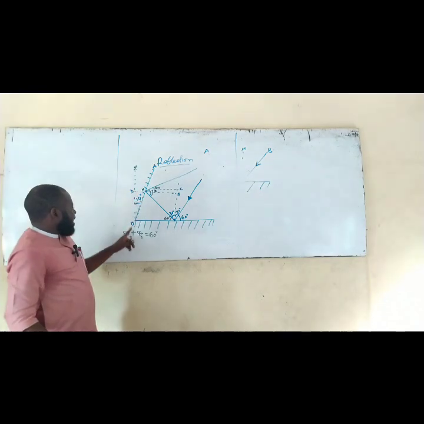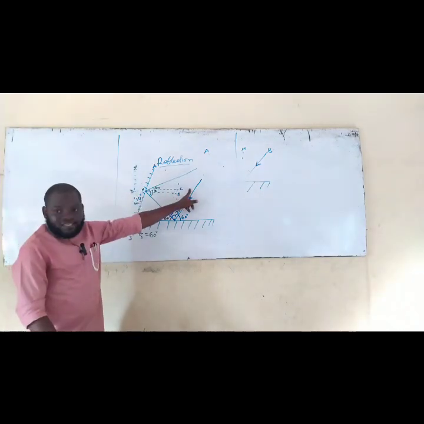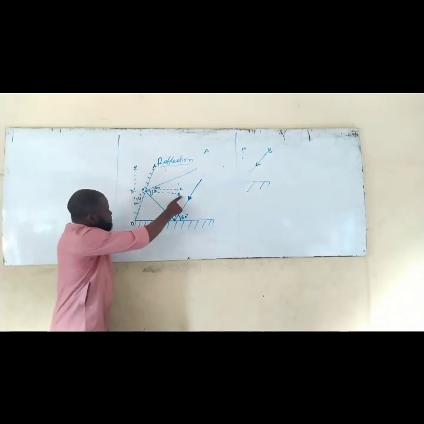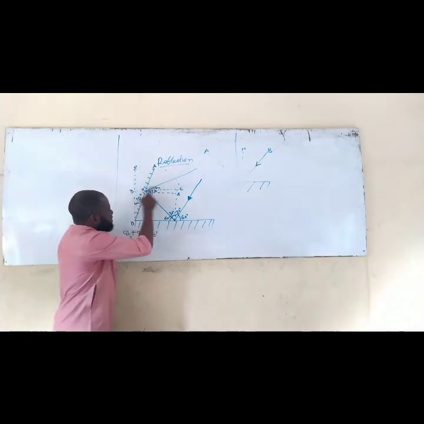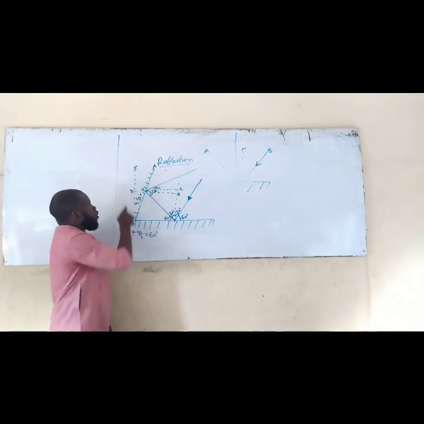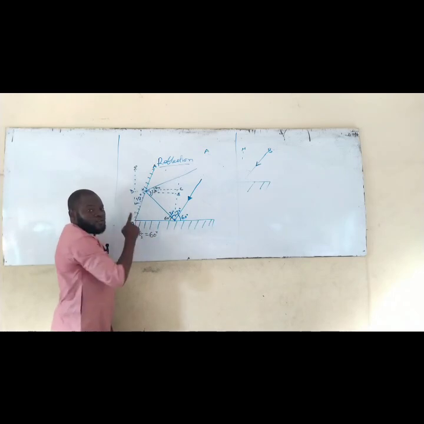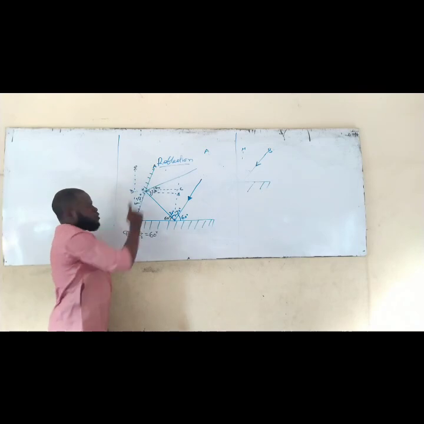Line OE rather is perpendicular to what? DC. So if that is the case, if NB is perpendicular to what? OA, and what? DC is perpendicular to what? OE. The angle between NB and DC, are you getting it now? Must equal the angle between what? OE and OA.